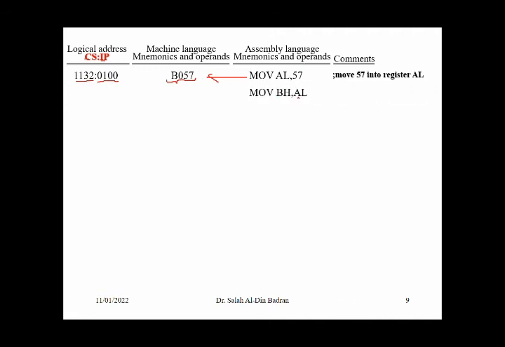The second instruction will take the 57 after execution. After the first instruction, AL will have 57. The second one will take the 57 stored inside AL and will store it in BH. So both AL and BH will have 57.